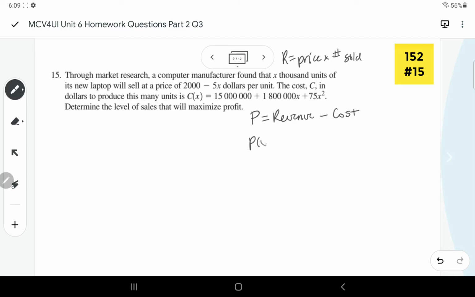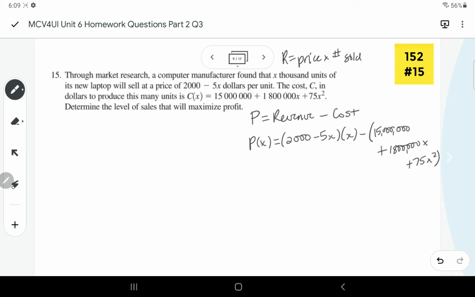So my profit function is going to be the price function, that 2,000 minus 5x, times how many computers you're selling, minus the cost function. So this is that 15 million plus 1,800,000, hope I'm getting the right number of zeros, plus 75x squared.